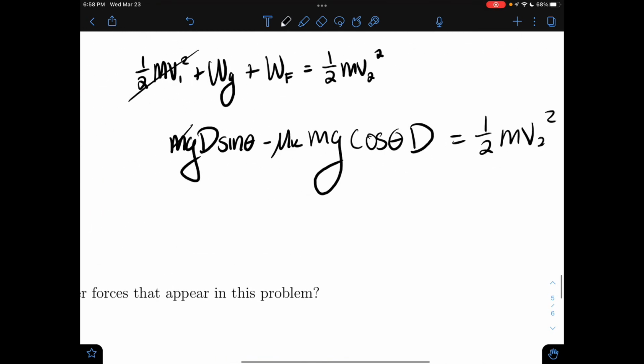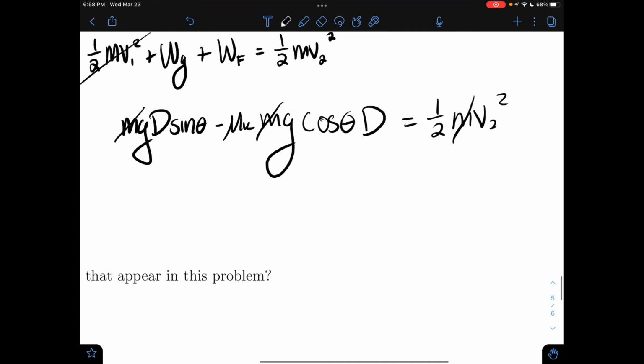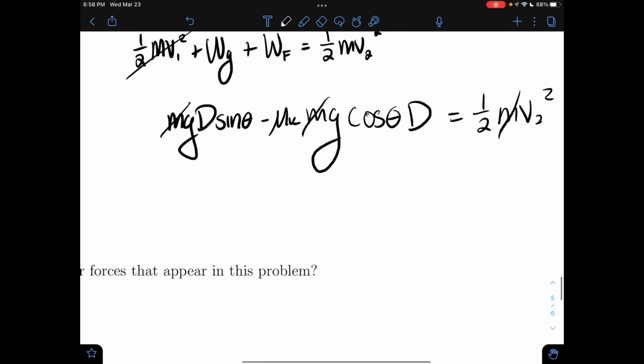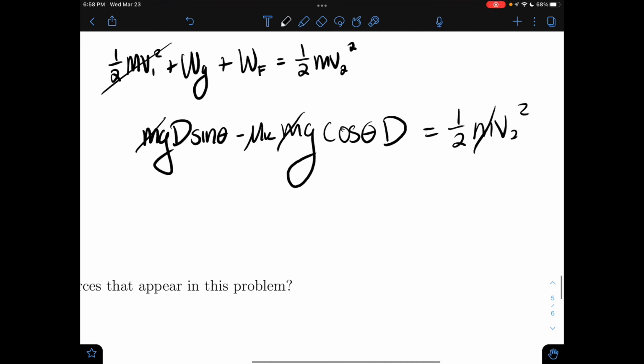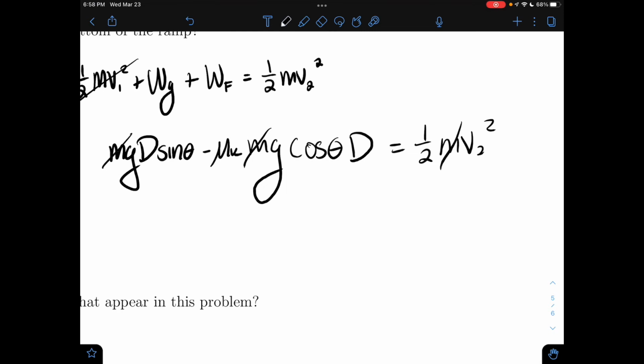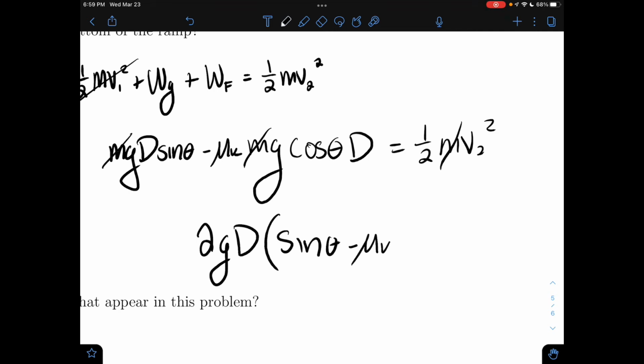We can divide out by m through the whole thing because every term has m in it. And now, solving for this velocity, I'm just going to half solve it. We got 2g d. I'm going to factor these out as well. So you have sine theta minus mu k cos theta.